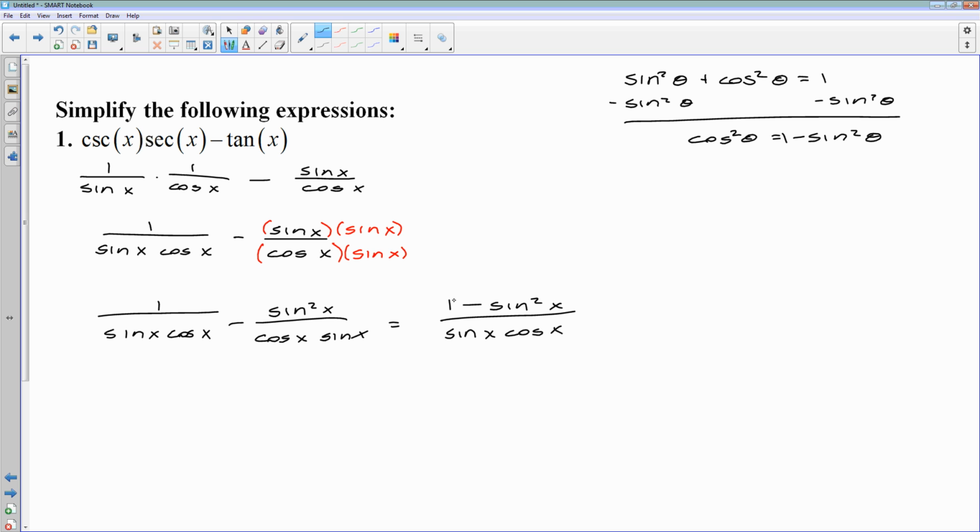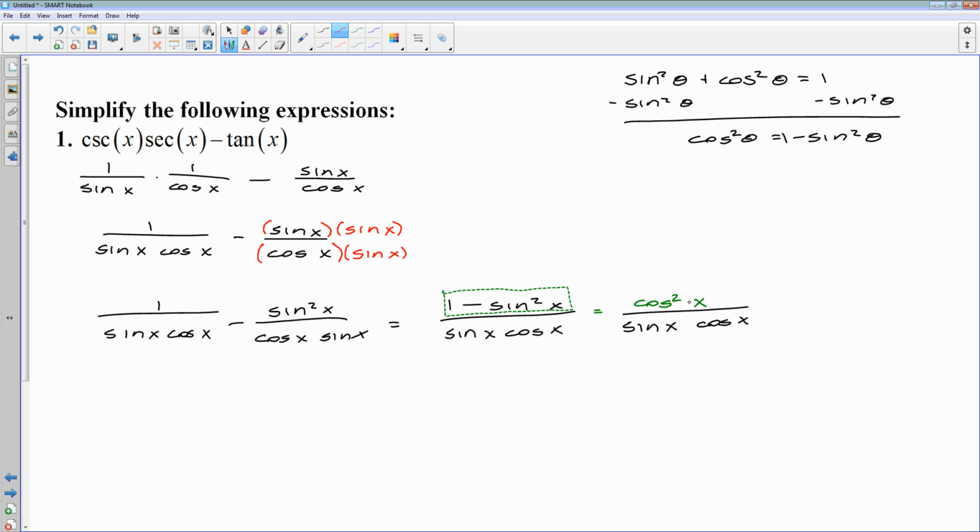And what I've got right here is 1 minus sine squared x. That's the same identity, except it's x instead of theta. That means it turns into simply cosine squared of x divided by sine x cosine x.